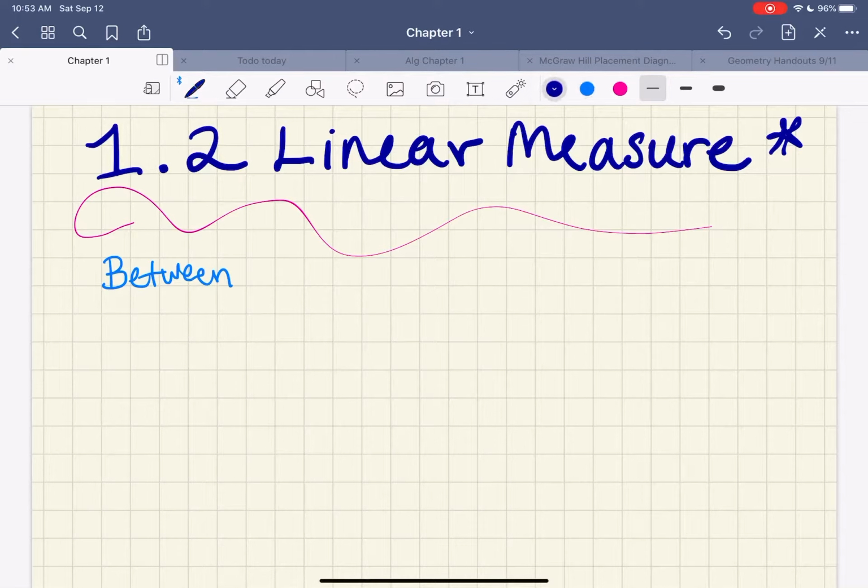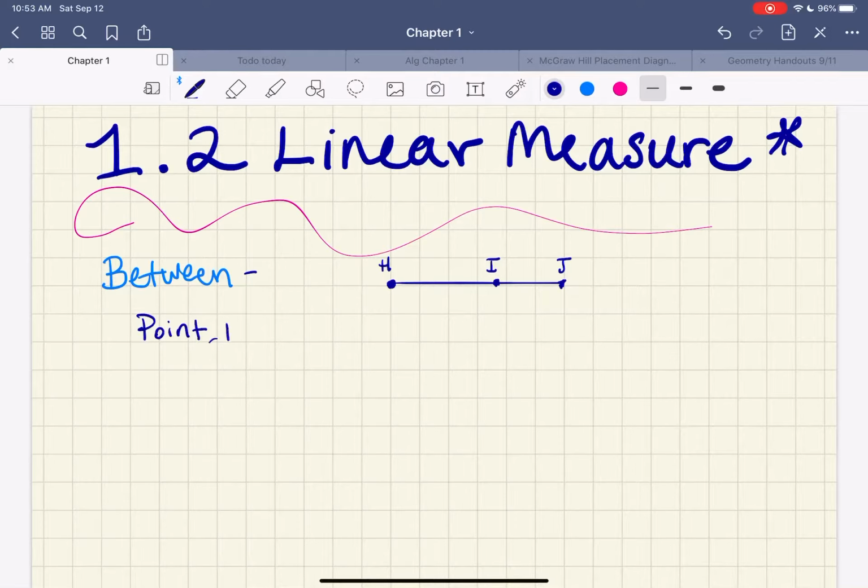And what we figured out is the way mathematicians decided to define it is this.